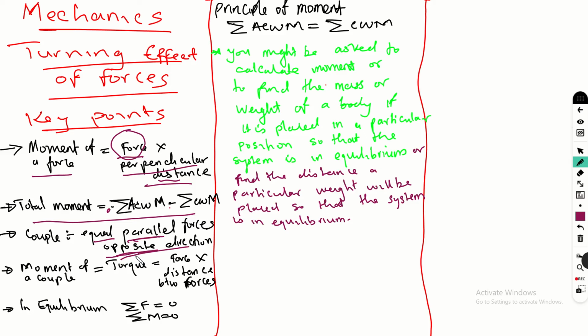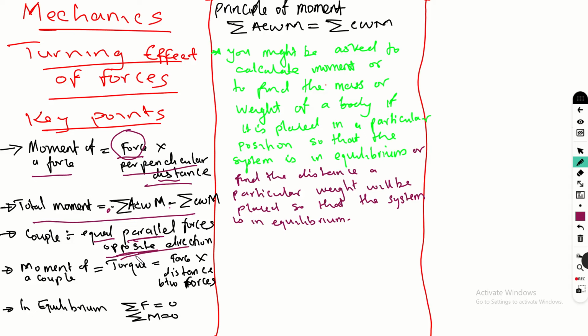When steering a car, the right hand might be going up while the other one is going down. They cannot both be going up at the same time, but they're applying the same force. So a good example of a couple is when you're steering a car. Your hands apply a couple: two equal forces acting in opposite directions.